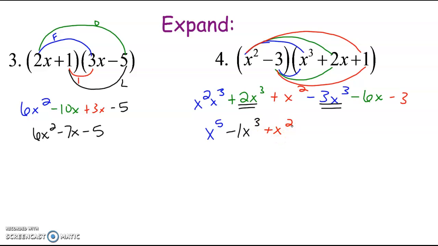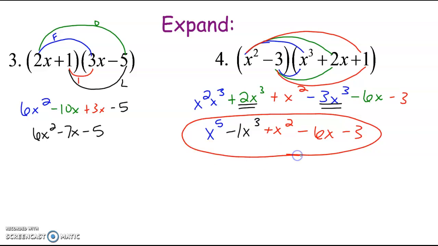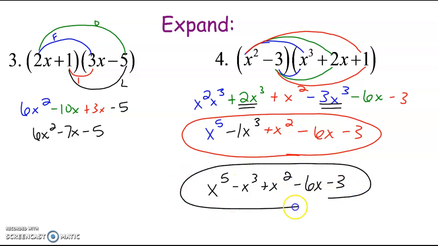And then there's only one x and one number, so we'll just write those how they are. So x to the 5th minus x cubed plus x squared minus 6x minus 3. So if you wanted to, you could drop that 1.